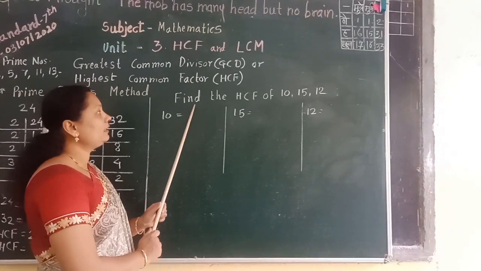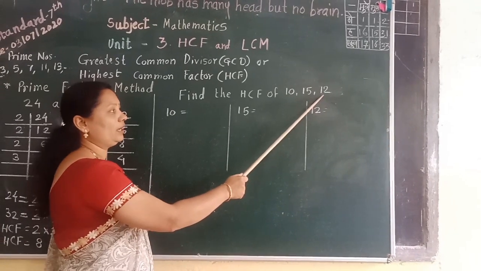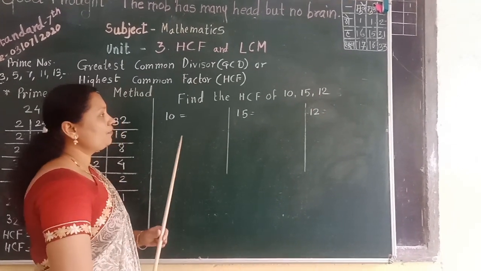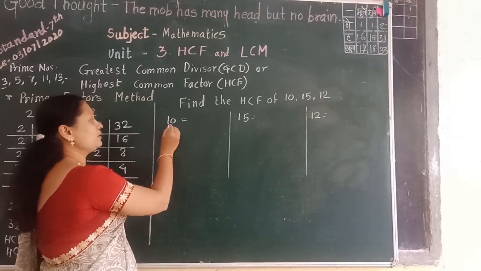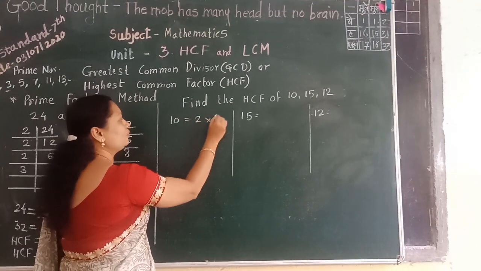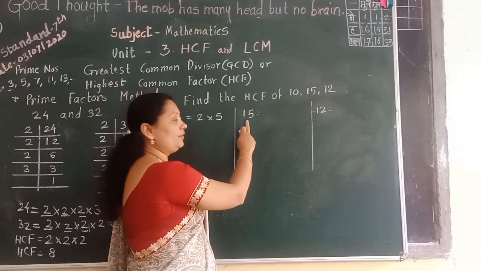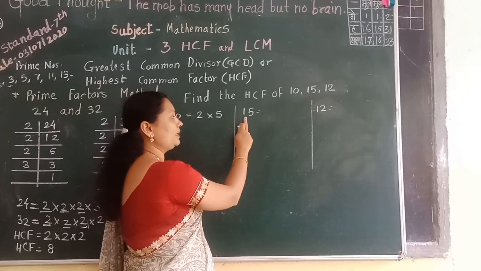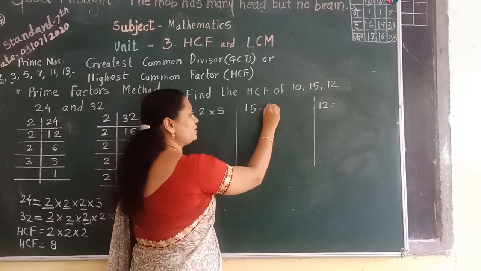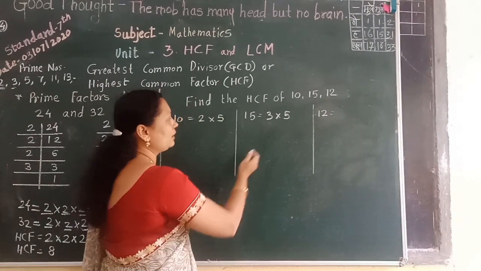Now let's find the HCF of 10, 15 and 12 by the horizontal method. First, find the factors of 10. 10 is equal to 2 into 5. Now, the factors of 15. 15 is divisible by 3, so the factors of 15 are 3 into 5.